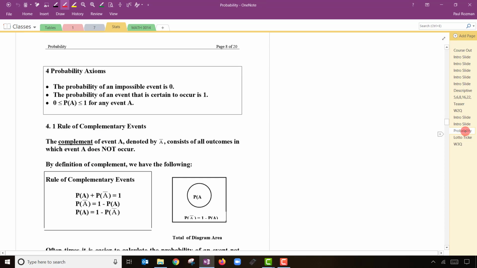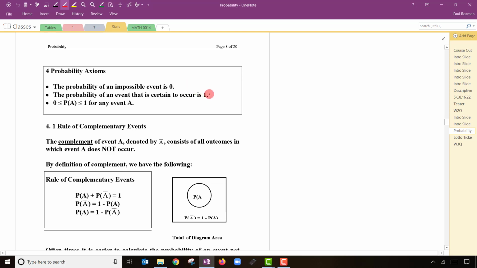So let's talk about the probability rules or axioms. They're fairly basic. I think we pretty much will understand most of these just by common sense in a way. The probability that you have something that's impossible should be 0, and the probability that something is certain should be 1 or 100%, and all other probabilities should be in that range.